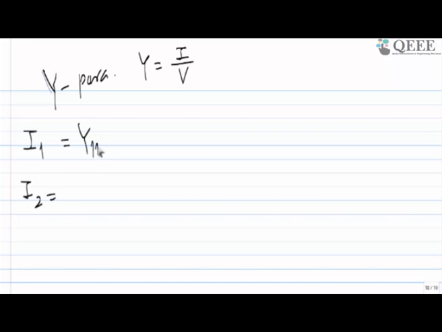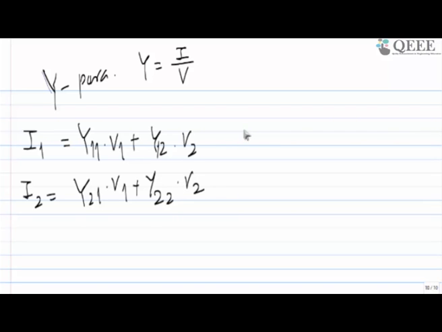Similarly, for Y parameters, I am going a little bit fast. If I want to make it for Y parameters, what am I going to do? Your Y parameter is equal to I by V, and for that I1 and I2 will be available on one side, and you will have Y11 times V1 plus Y12 times V2, and Y21 times V1 plus Y22 times V2.